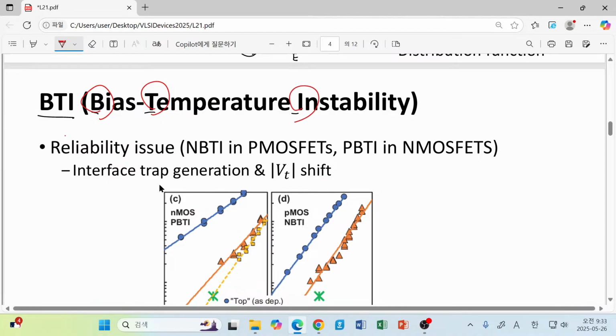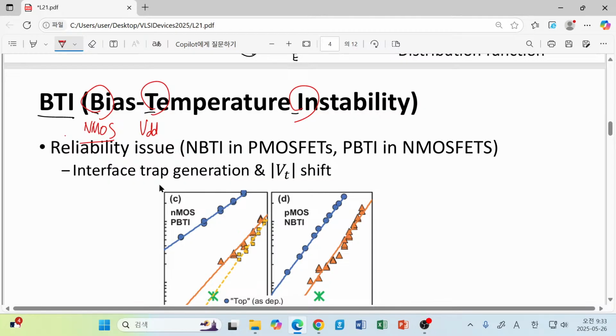Bias means that you apply a very high bias to your transistor. What is high? For example, when you have a MOSFET, you apply VDD to your gate voltage. That is quite normal.